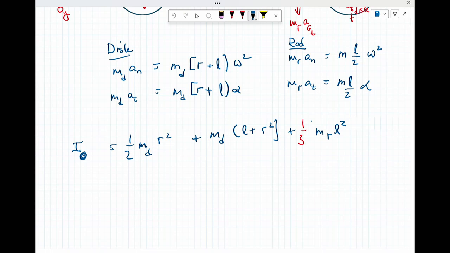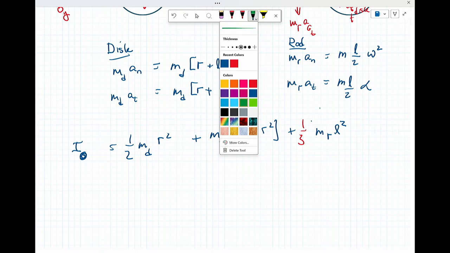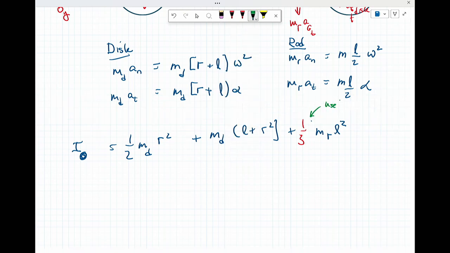Now, I put the 1/3 in red just as a reminder that that again is a derived quantity. In the last lecture, we did a derivation for a pin rod.